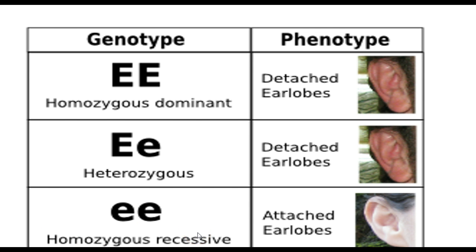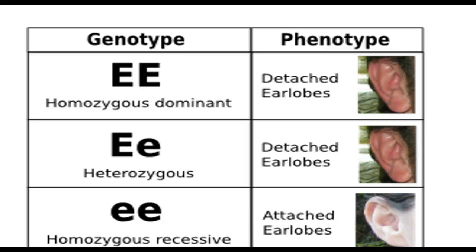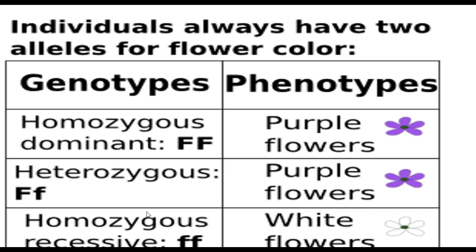It's recessive because we use lowercase letters to mean that it's a recessive trait, and it's homozygous because both of them are the same. I'm trying to show you that genotypes tell you what the phenotype will be. Your gene tells me what you will look like.